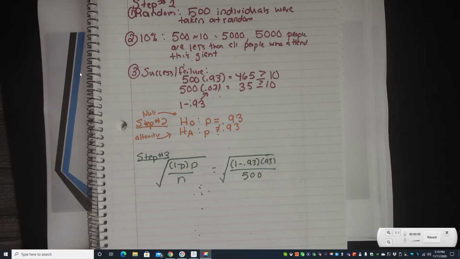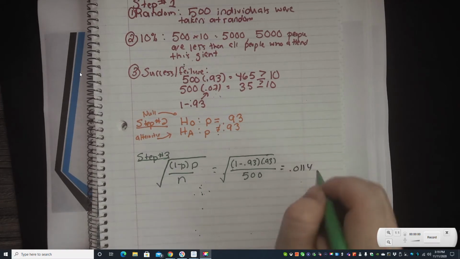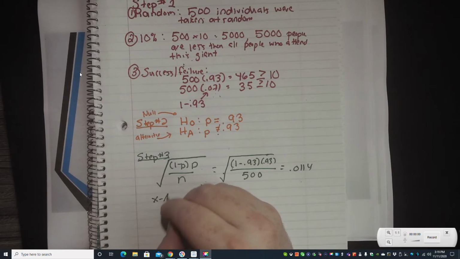And so if I do it, I end up with 0.0114. Okay, so now I'm going to look at a normal curve formula.